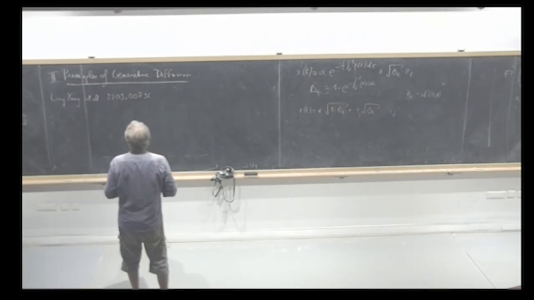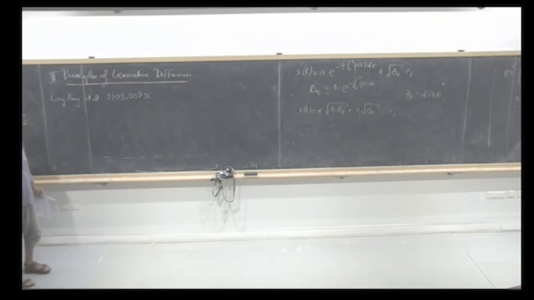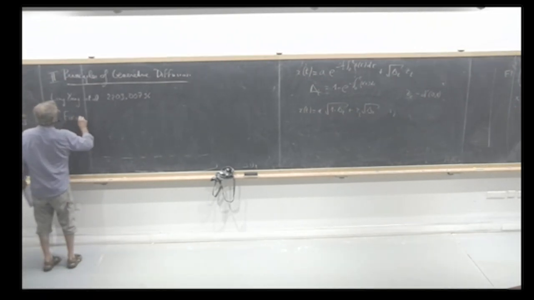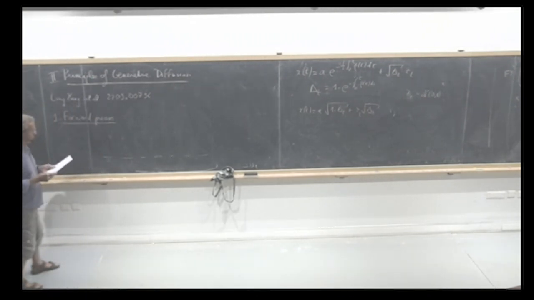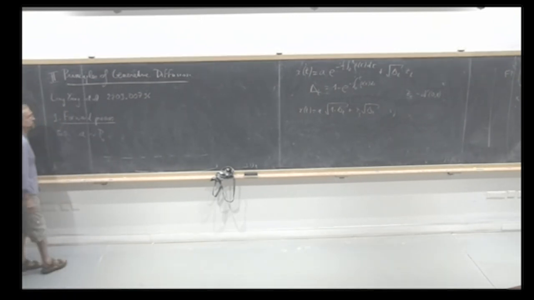So the idea of generative diffusion is a sequence of a forward process and a backward process. Let me first describe the forward process. You start at time t equals 0, and you generate data according to a certain probability distribution P0.